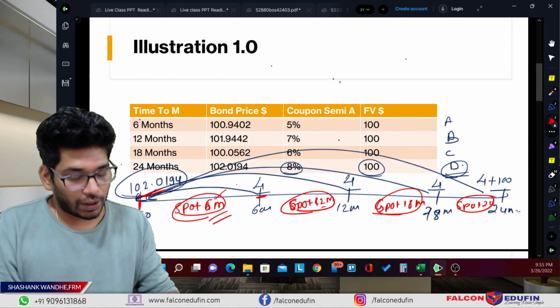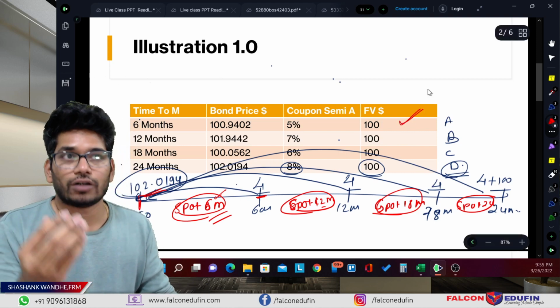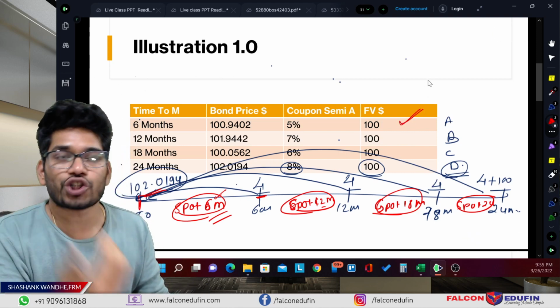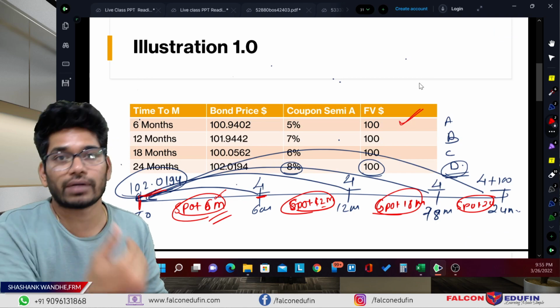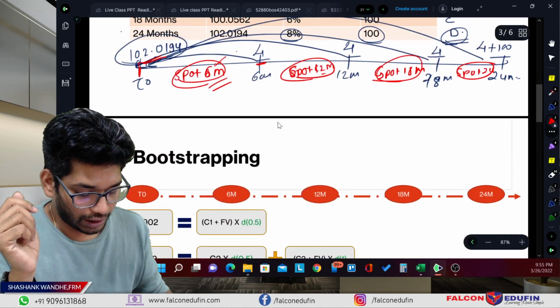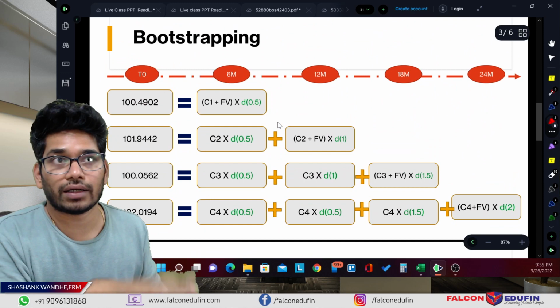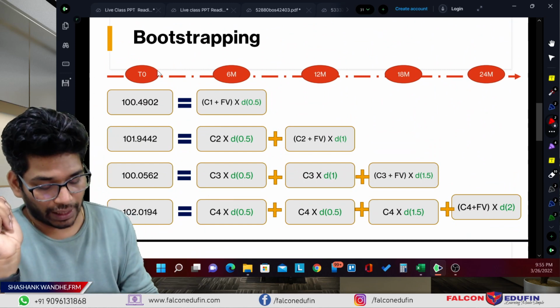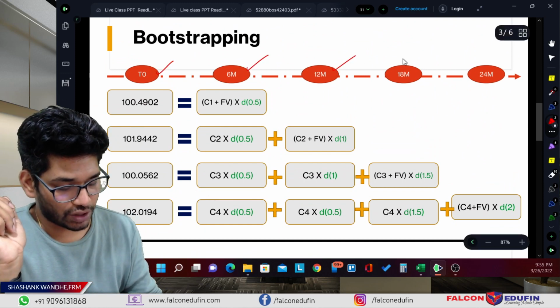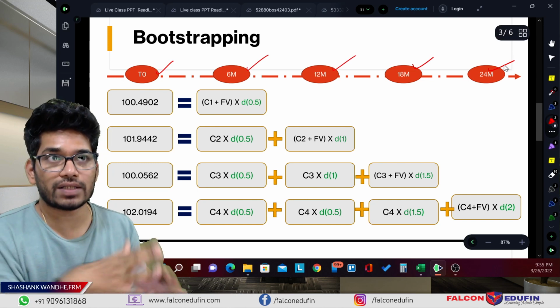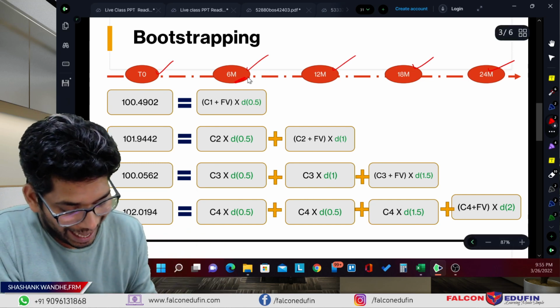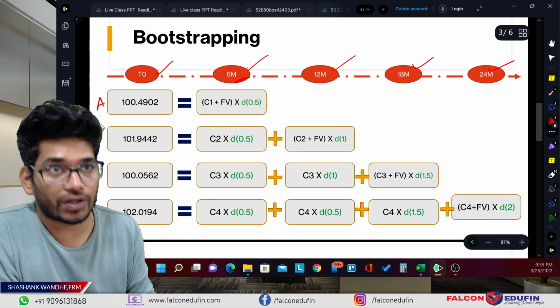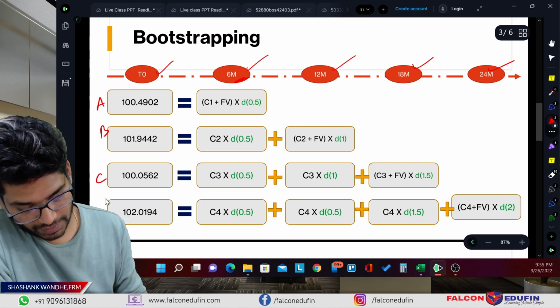We have to start with the bond of the shortest duration, 6 months, for which we want to calculate the bond price. Here I provided the complete timeline: time t0, 6 months, 12 months, 18 months, and 24 months, and these are the different bonds, A, B, C, and D.